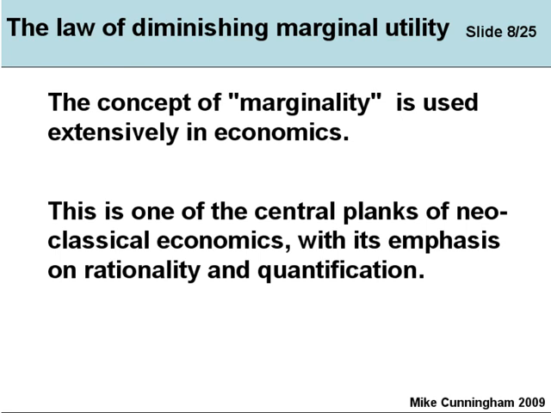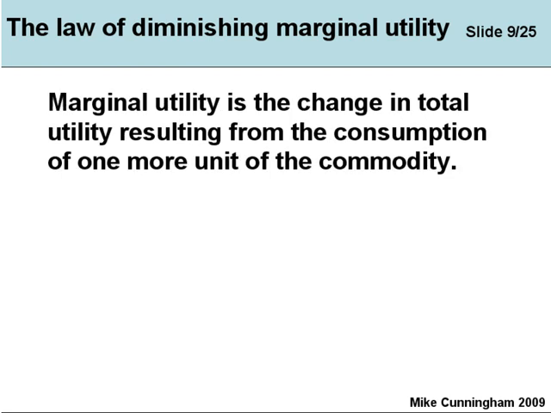And neoclassical economics tends to emphasize rationality and quantification, measurement and rational, logical, maximizing behavior. Marginal utility is the change in the total utility resulting from the consumption of one more unit of the commodity.